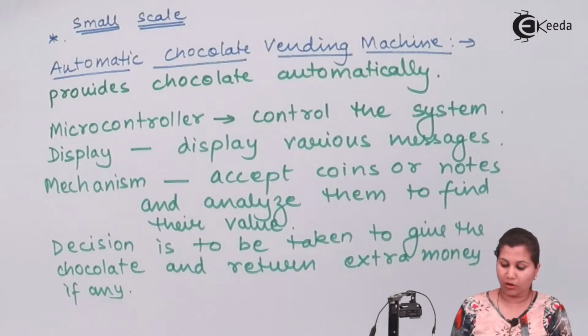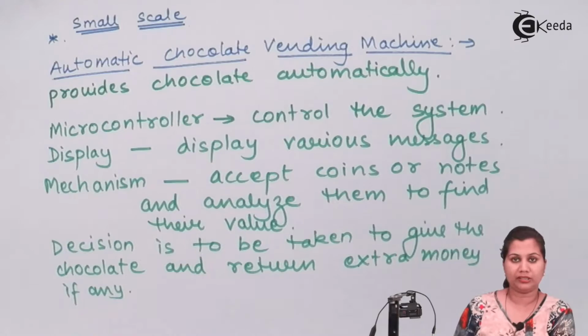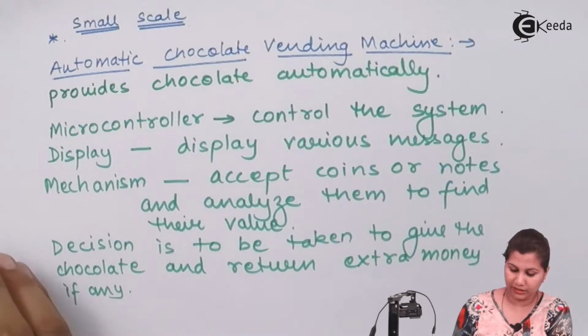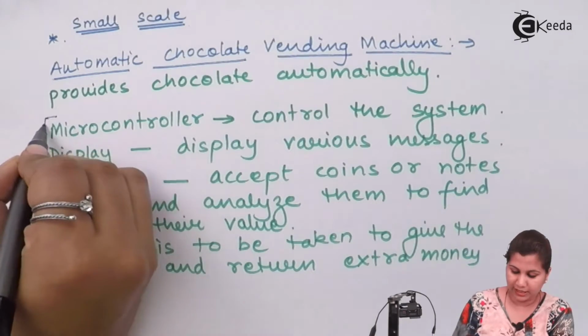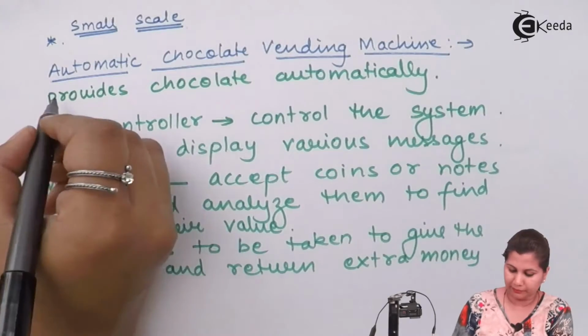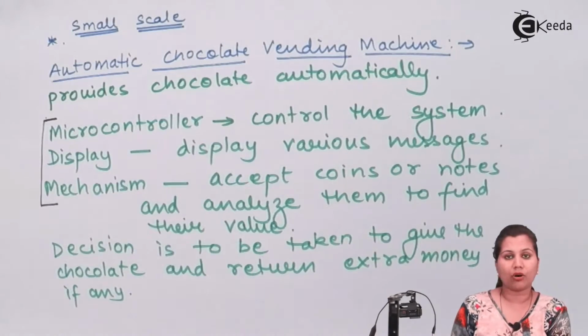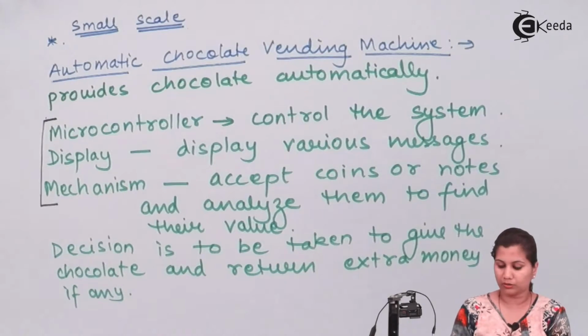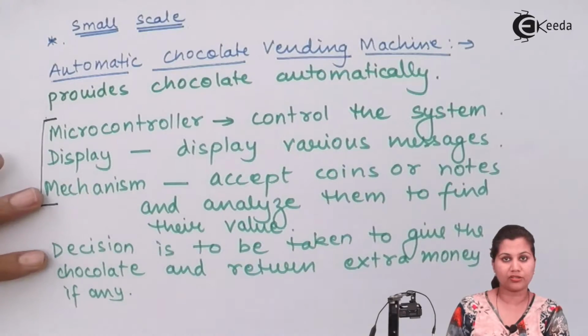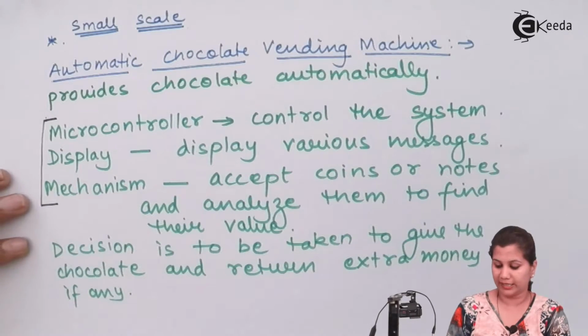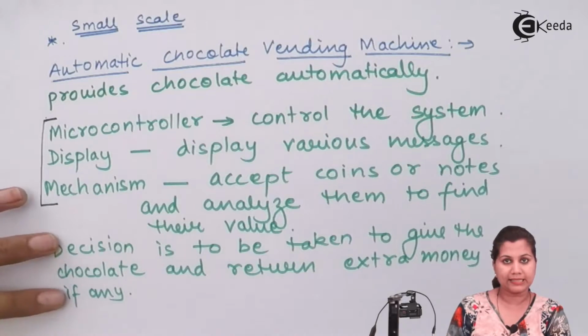So in this automatic chocolate vending machine, we have seen that the various tasks to be controlled by the microcontroller are not so complicated. They are just simple tasks. Also, the circuitry involved is very little, so the complexity is less.